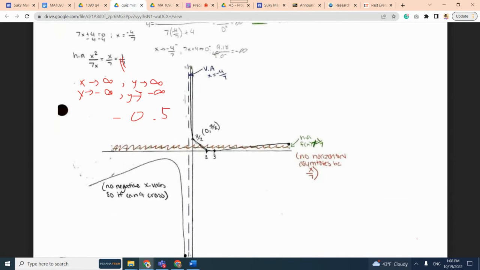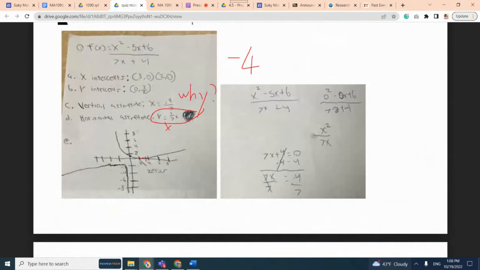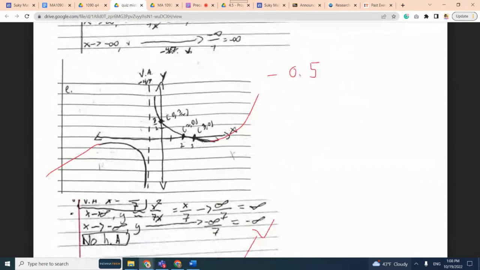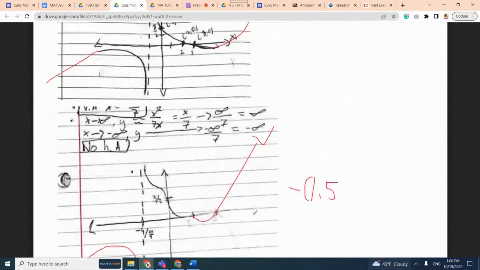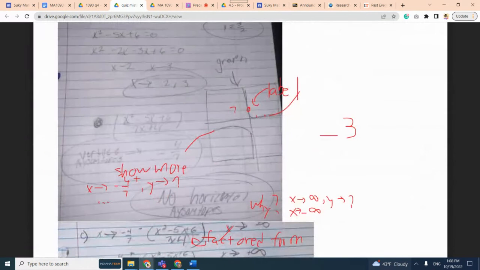So you need to show that work. For the graph, show the end behavior. Label the important points, show the end behavior, and show more work.